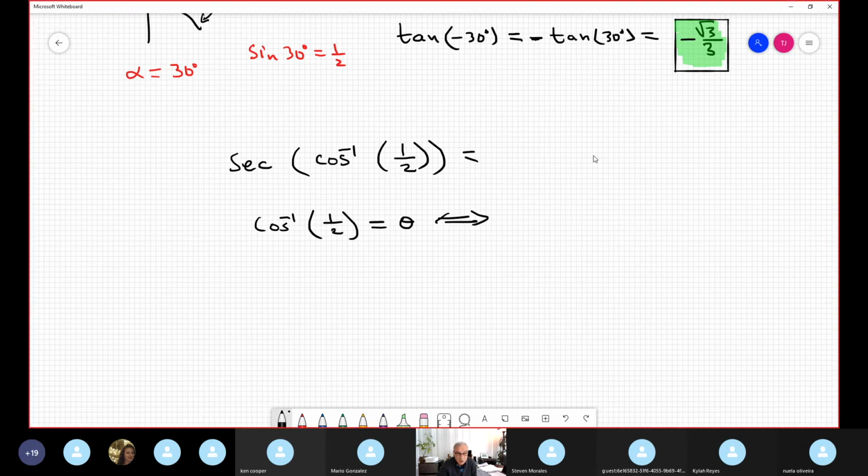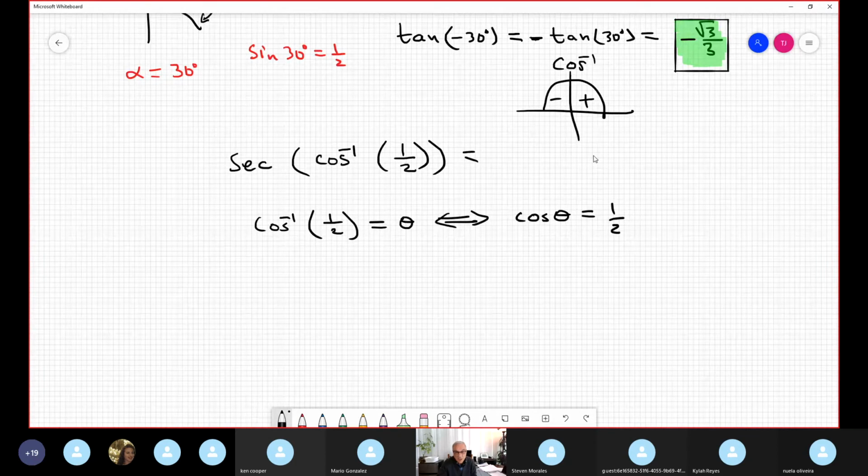It's equivalent to say cosine theta equals 1/2. And the agreement for the cosine inverse is something like that. Cosine inverse agreement: positive, first quadrant; negative, second quadrant. The value is positive. Nice. So, I detect immediately that theta lies in the first quadrant. Nice, because any trigonometric function in the first quadrant is positive.